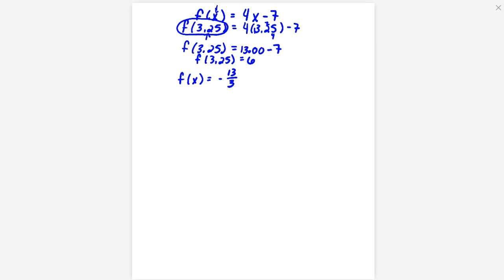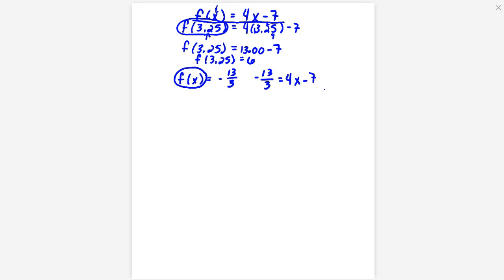So in this case, f of x is negative 13 over 3. That means my entire f of x, not just the x, is negative 13 over 3. So I'm going to rewrite the function as, instead of f of x equals 4x minus 7, negative 13 over 3 equals 4x minus 7.